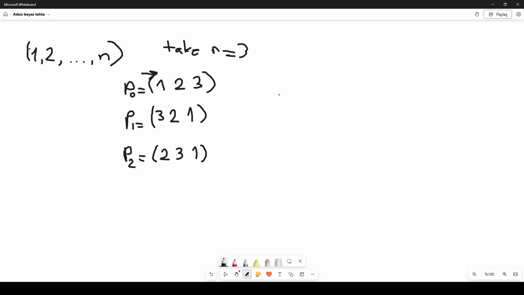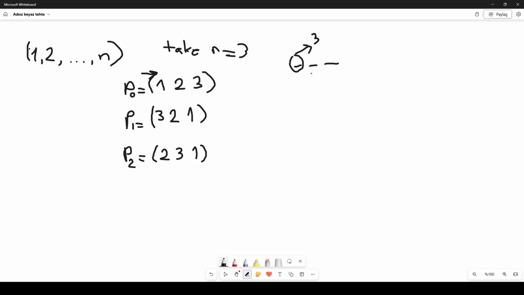One simple question before going on: if I take n equal to 3, how many different permutations should I have? We have 3 positions, and in each position I can use only one of these 3 elements. I am not allowed to use any element twice or more, so each spot has only one number. In the first position, I have 3 different options.